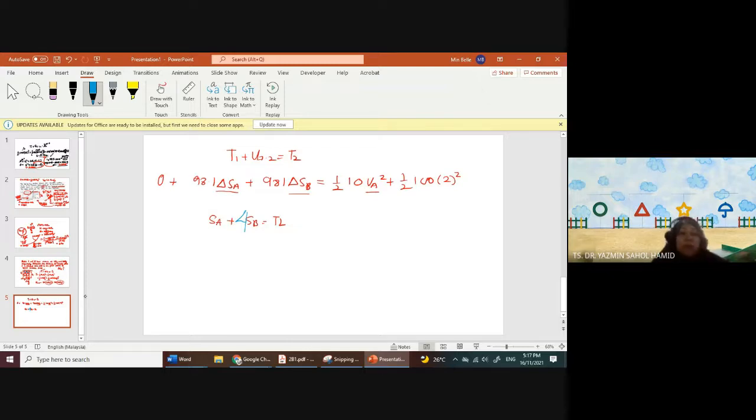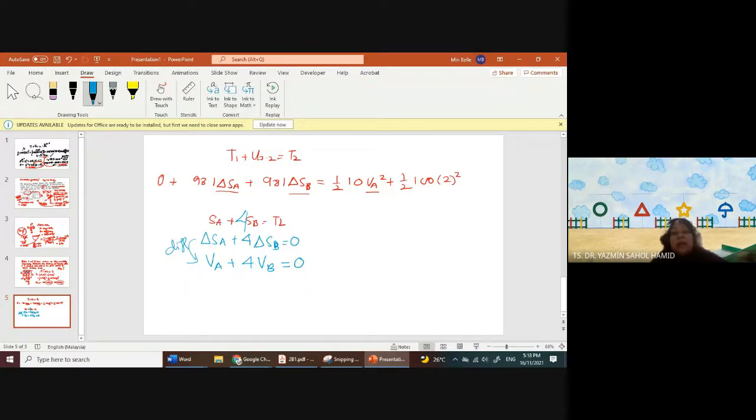Tapi sekarang ni kita tahu bila kita cakap pasal delta SA, delta SB, dia boleh sama dengan kosong lah. And then bila kita differentiate length, dia jadi apa? Velocity, betul tak? Kelas, betul tak? Bila kita differentiate length, dia jadi velocity.